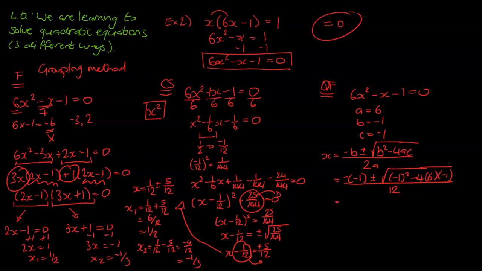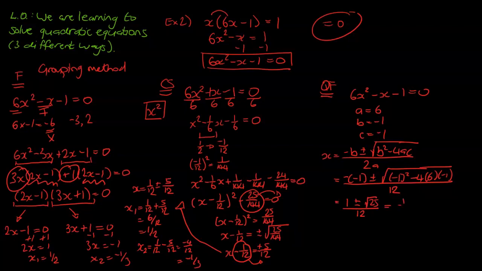So negative negative 1 is 1. And we're going to go plus or minus. So negative 1 squared is positive 1. Negative 4 times 6 is negative 24. Times negative 1 is positive 24, so we've got 1 plus positive 24, so that's going to be the square root of 25. All of that is divided by 12.